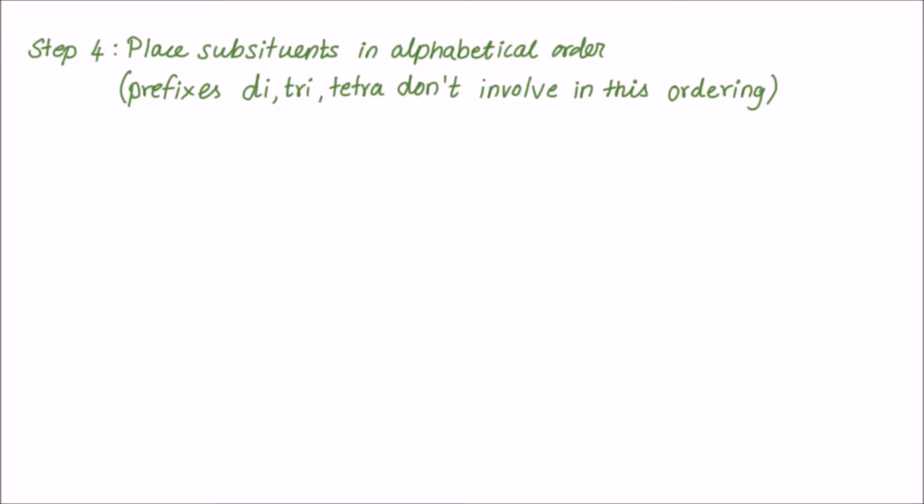So when you write the complete name of the compound, and if the compound has more than one substituent, we need to arrange them in alphabetical order. And when you do so, you should not count the prefix di, tri, tetra, or penta. You should not count that.